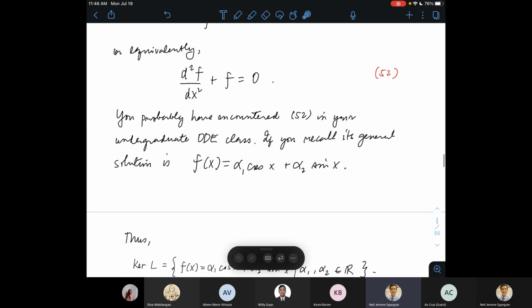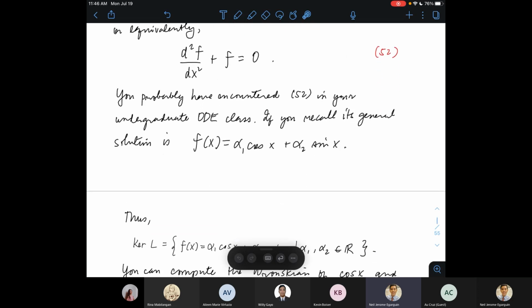I'm not sure if you remember, but if you have taken any undergraduate ordinary differential equation class, you have probably seen equation 52. The general solution to 52, which we are not concerned with how we got, I included just for the sake of illustration.